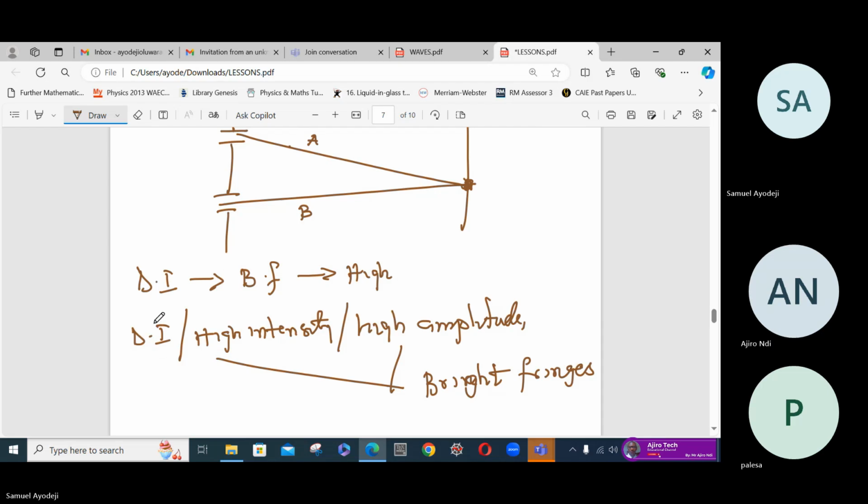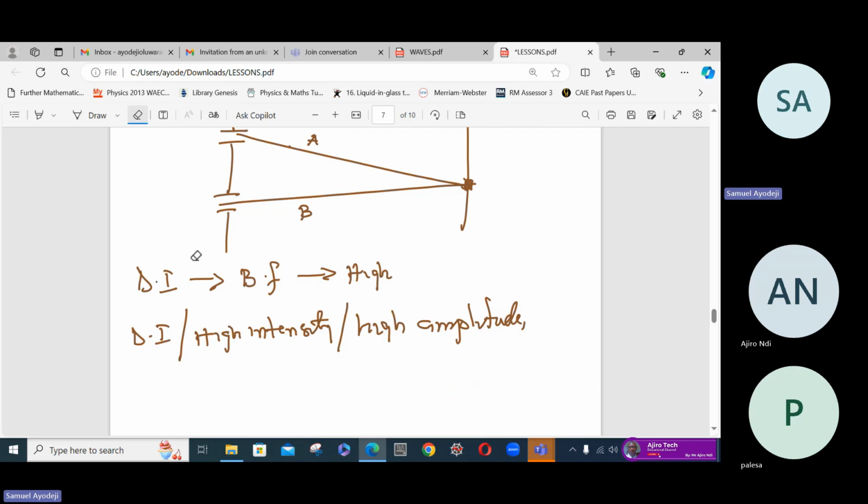Sorry, dark fringes. I made a mix up here. Dark fringes mean low intensity, low amplitude. Sorry for that.